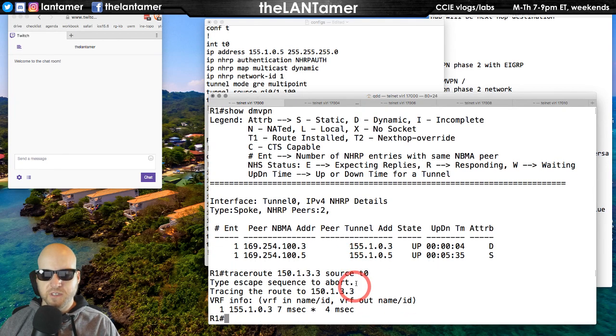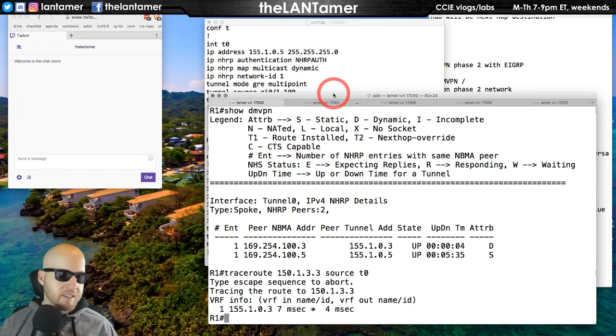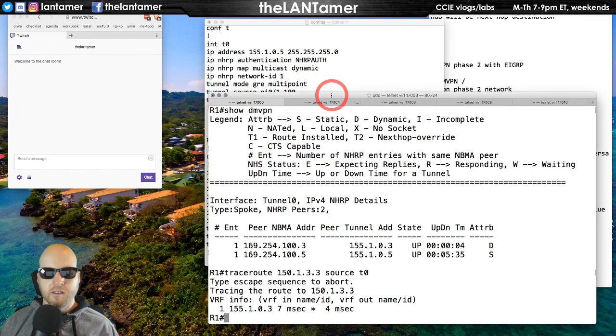I did not have this result yesterday. I did not have it configured correctly, or whatever. But notice we're going right over our tunnel that we have for router 3. And we don't have to decrypt or de-encapsulate on router 5. Perfect. This is what we want.